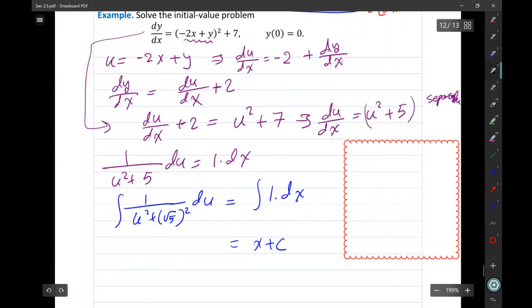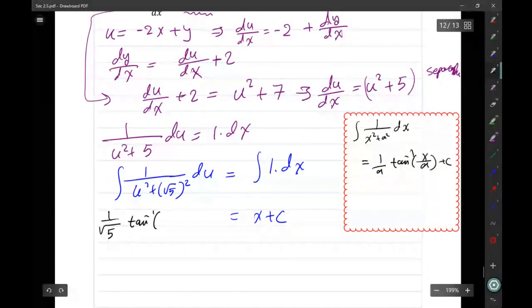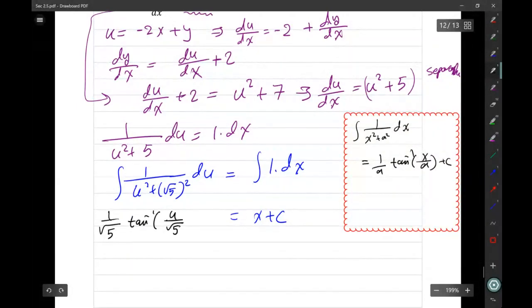We have a formula that says the integral of 1 by x square plus a square dx is equal to 1 by a tan inverse x by a plus c. So here it becomes 1 by square root of 5 tan inverse u divided by square root of 5.